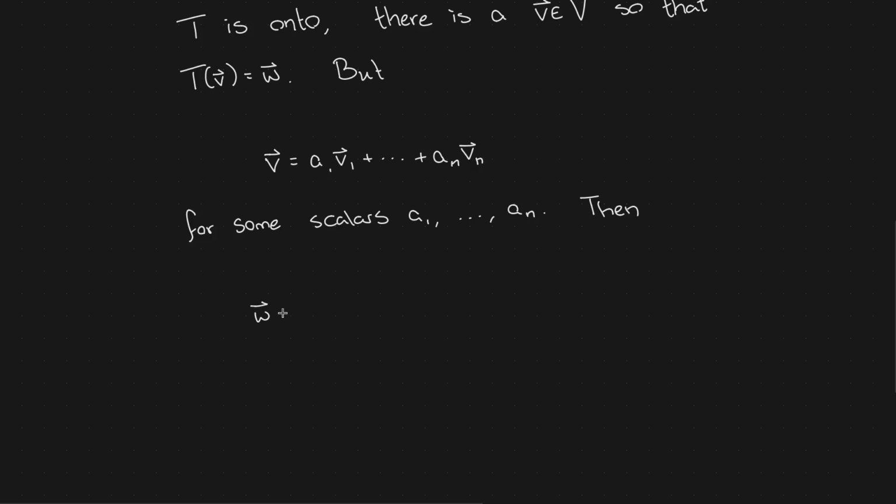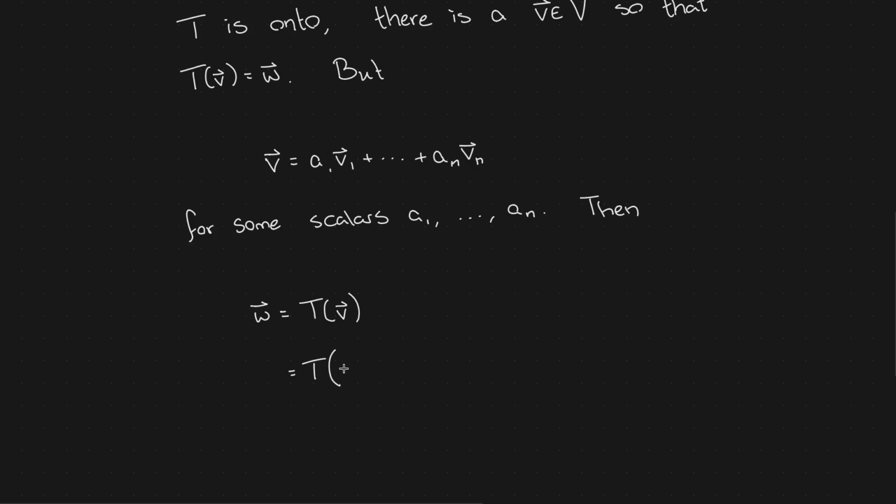Then w, which is equal to T of v, right? Remember, that's how we've decided to choose a relationship between v and w, which is also equal to T of a1 V1 plus dot dot dot plus an Vn, substituting out v for the linear combination of the basis vectors.